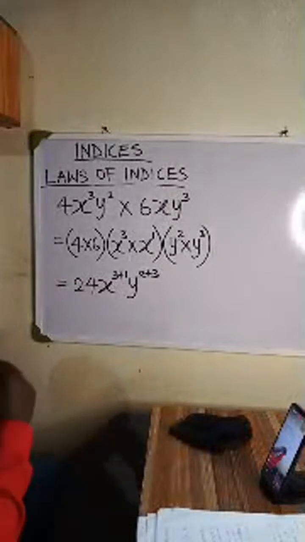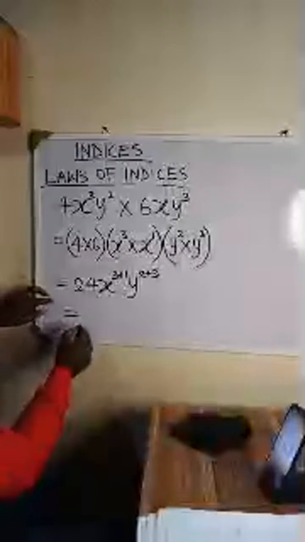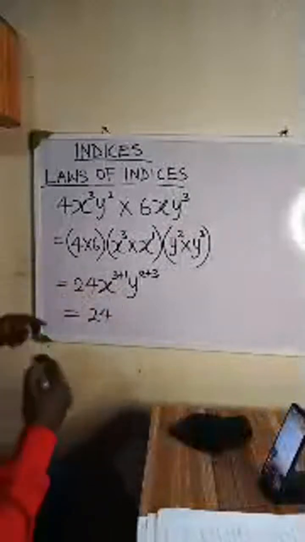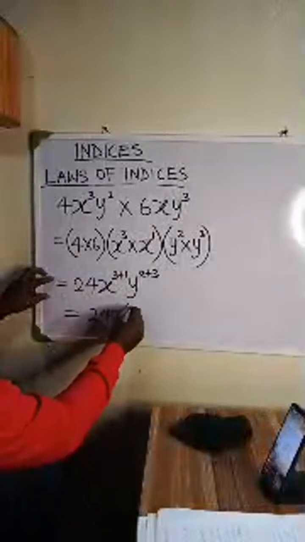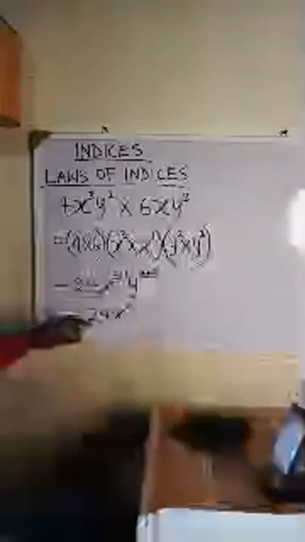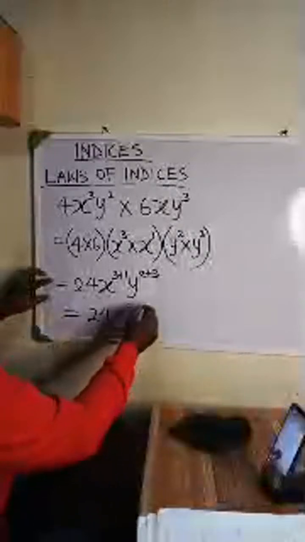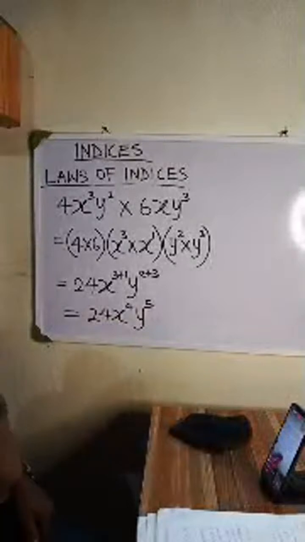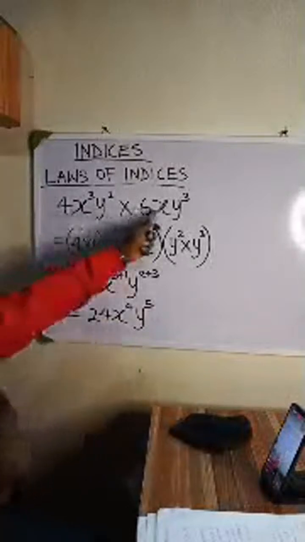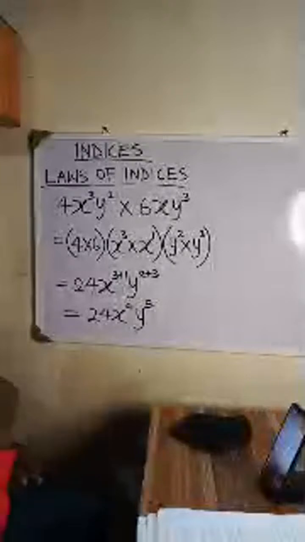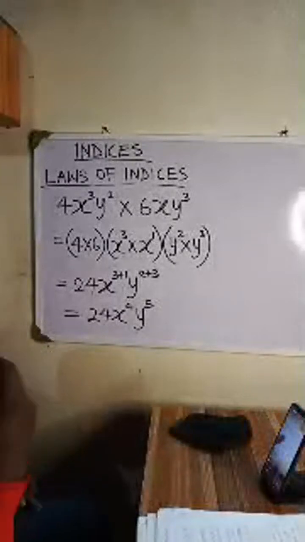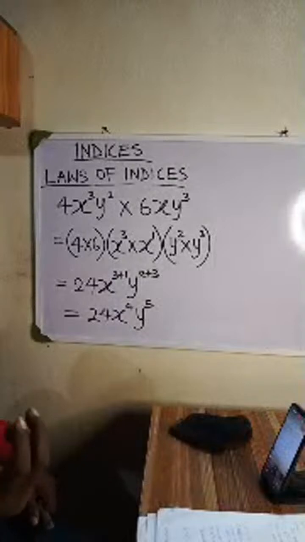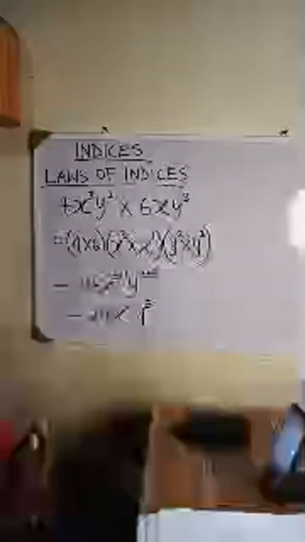Finally, our answer is going to be 24. 3 plus 1 gives us 4, so we have x to the power of 4. And then 2 plus 3 gives us 5, so we have y to the power of 5. So we have applied the addition law in solving this question. Remember, the topic is indices. We are looking at the laws of indices. So we have just looked at the first law of indices, which is the addition law.